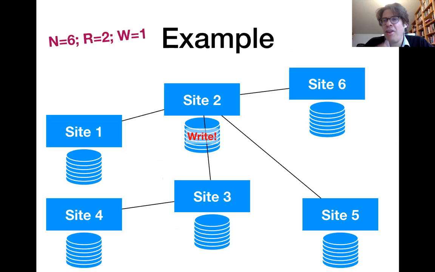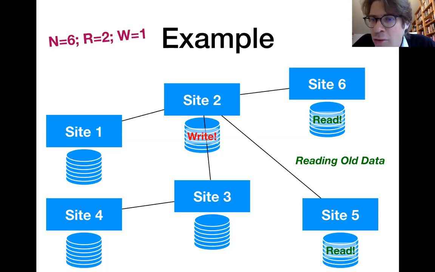So if we have one update, we might, for instance, apply it only to site 2. And if we read 2 of those replicas, it might turn out that we read site 6 and site 5. And in that case, none of those reads covers the updated version. So we would read an outdated version of the object.